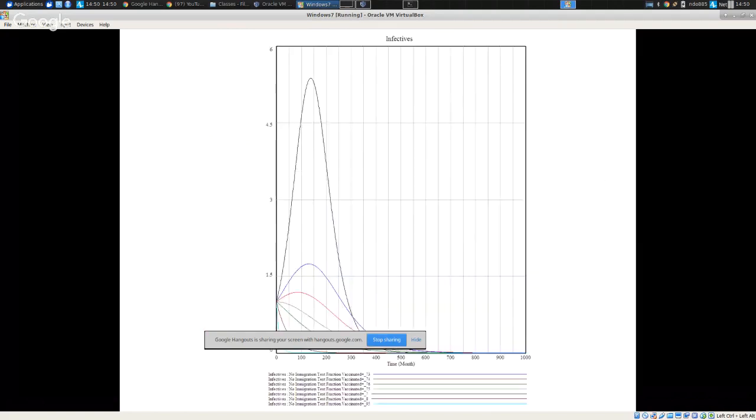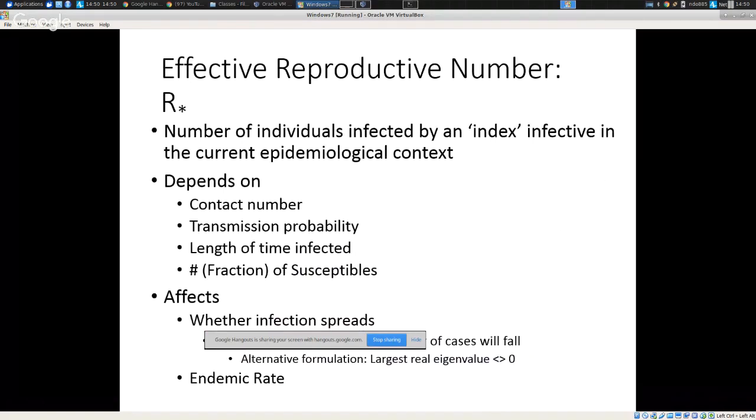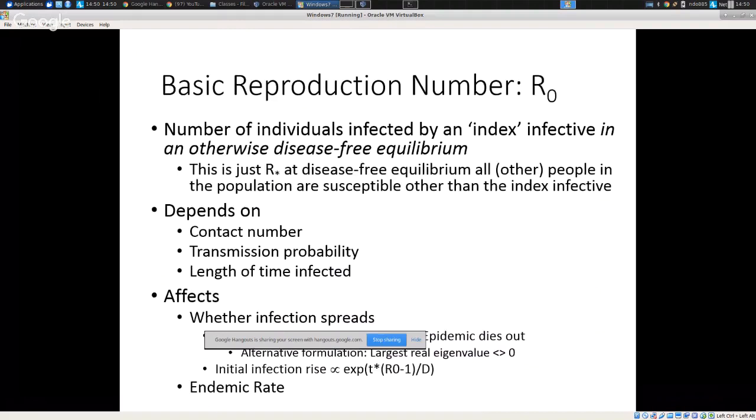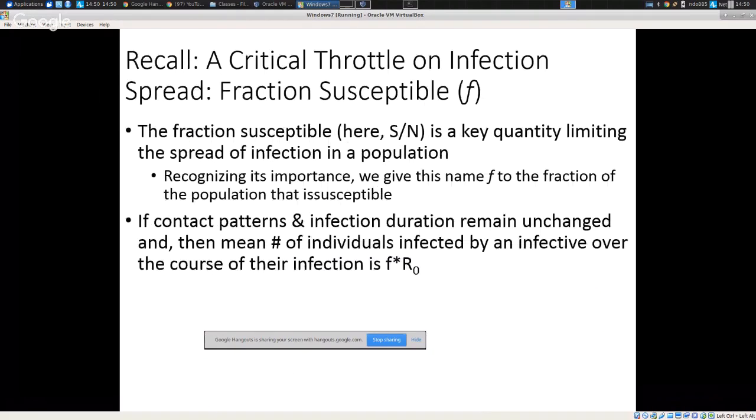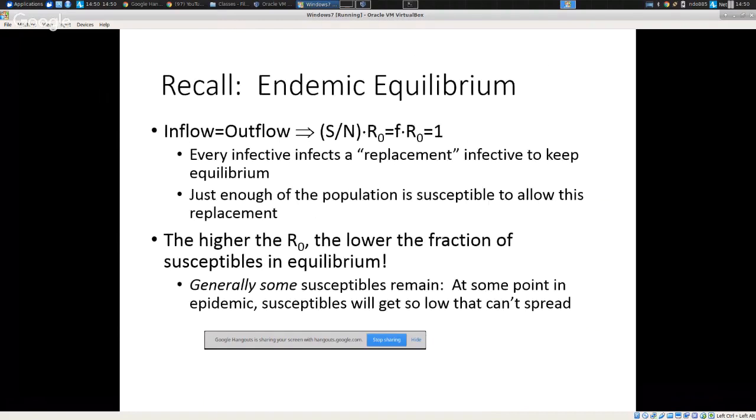Now, if we want to figure out what we need for the infection to die out, we need a fraction of people who are immunized, who are vaccinated, such that F times R0 equals 1.